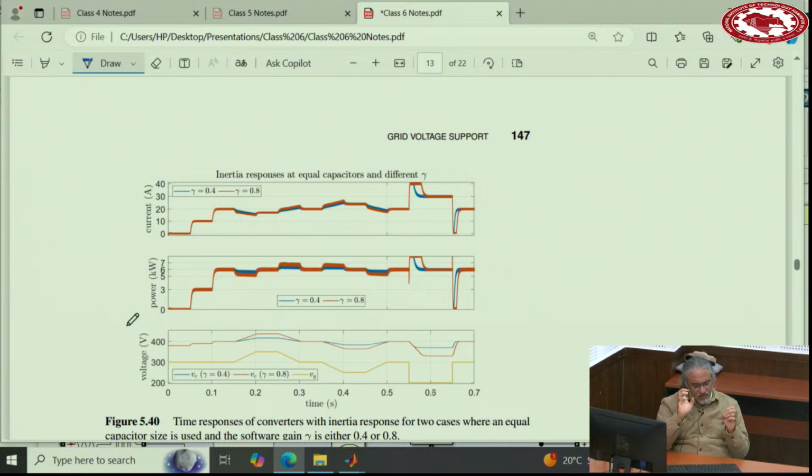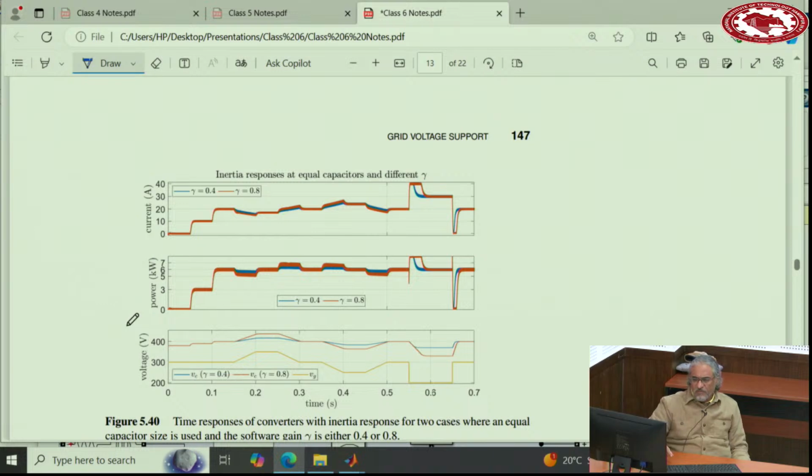In AC synchronous machines, grid frequency and the machine speed are the same. So there is not such a factor there. But here, because it's controlled, we can put this factor. In other words, we say, if the grid voltage changes 10 volt, now change the capacitor voltage 20 volt. It doesn't have to be equal, but just a factor.